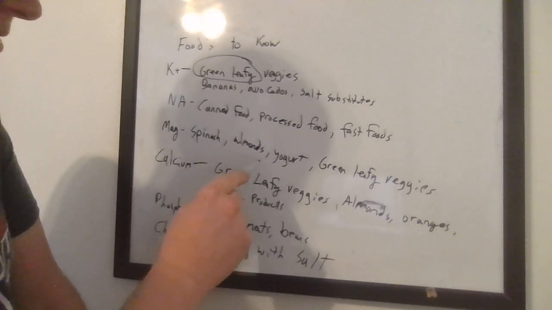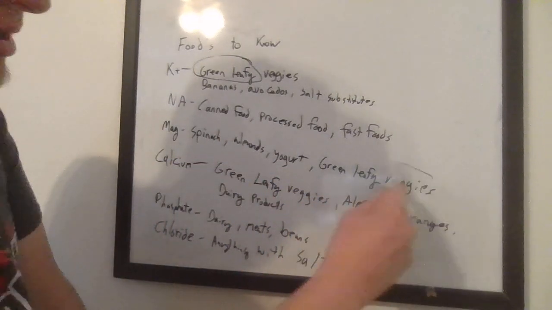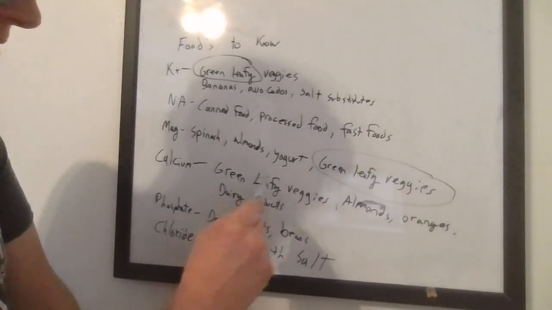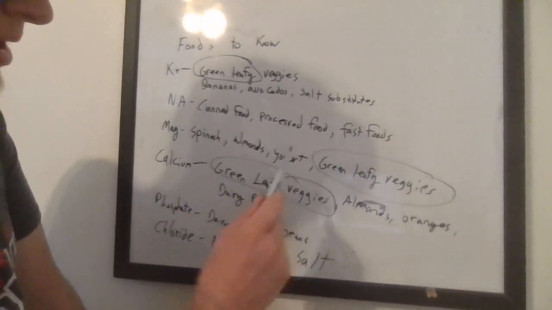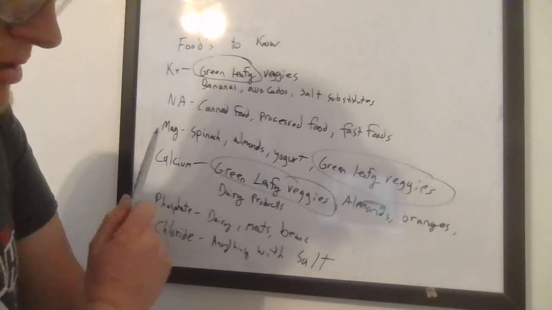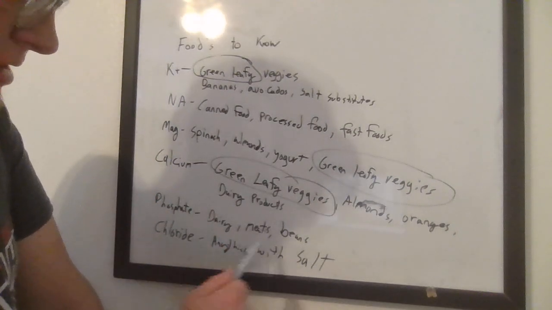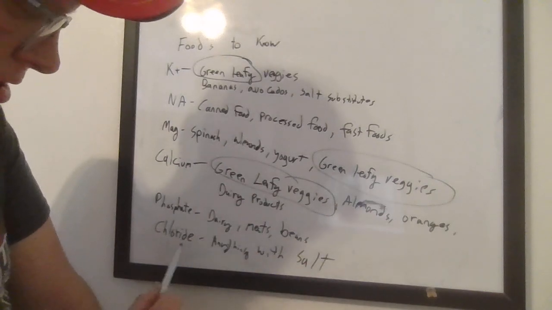They also have magnesium, like spinach. Yep, so spinach has a lot of magnesium. Green leafy vegetables have calcium. Most people think milk with calcium, and it does, but actually green leafy vegetables is number one. Phosphate has dairy, meats, beans.